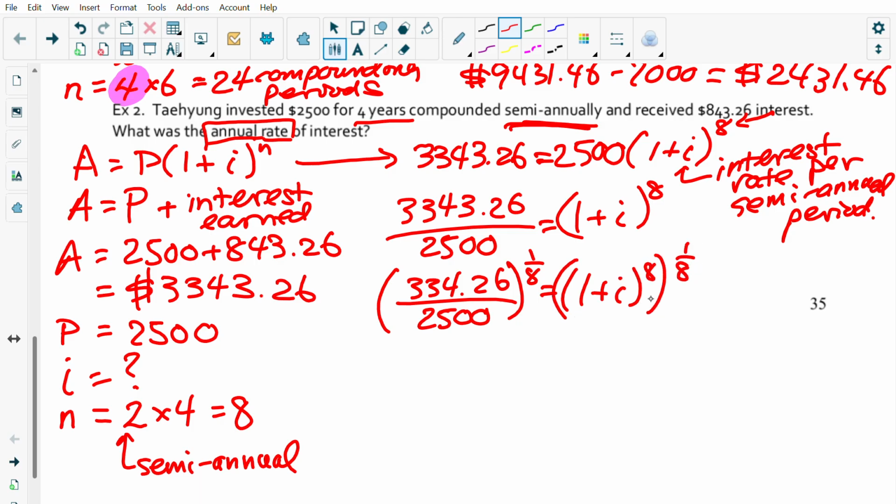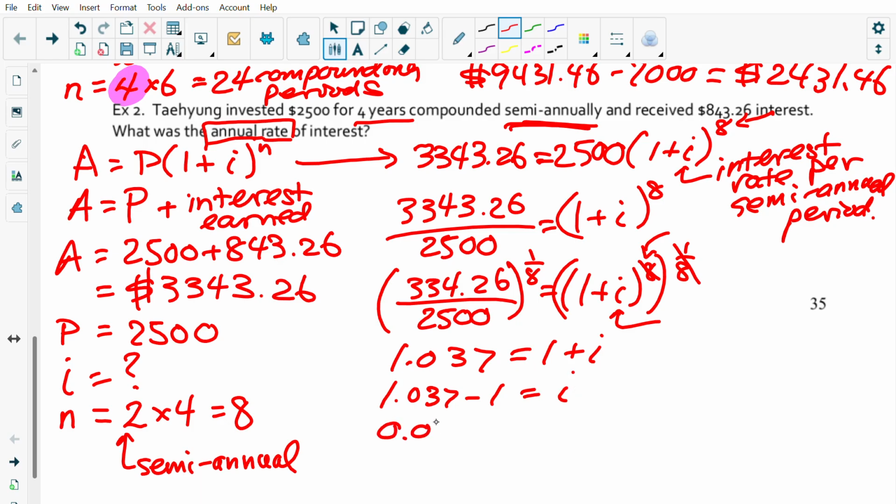Why do I do that? So I can get at this i value. I can neutralize or turn that exponent of 8 into 1, right? So let's do that. So I get 1.037 equals, well, that becomes 1 plus i. So 1.037 minus 1 equals i. So 0.037 equals i.